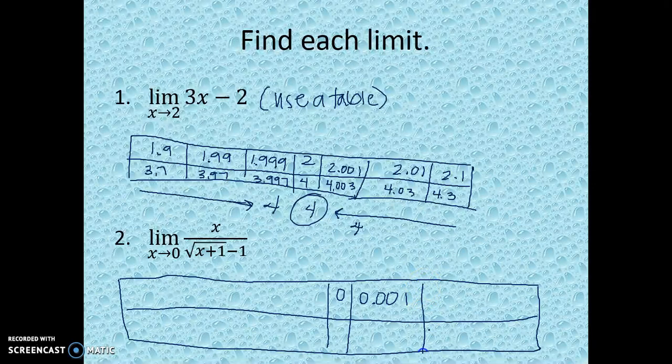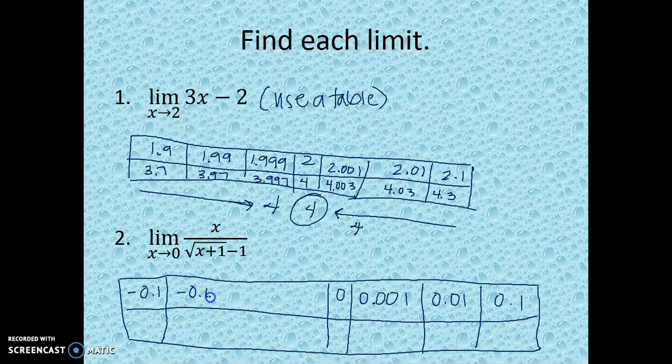A little bit more than that would be 0.01. A little bit more than that would be 0.1. And I normally just say the third column away is just a tenth from wherever my center is. So a tenth to the left of 0 would be negative 0.1.